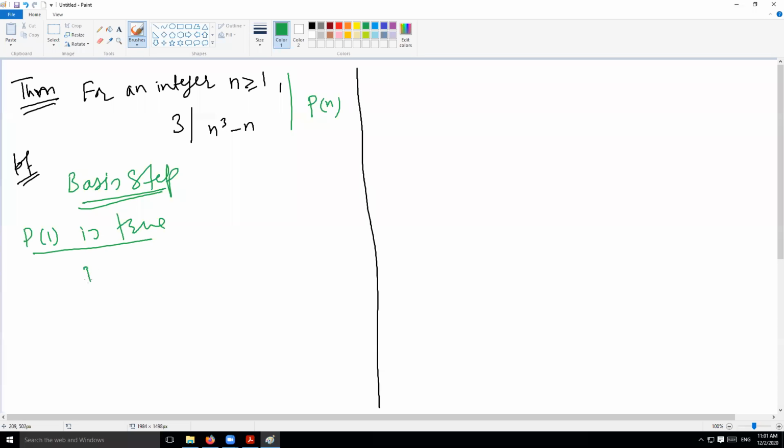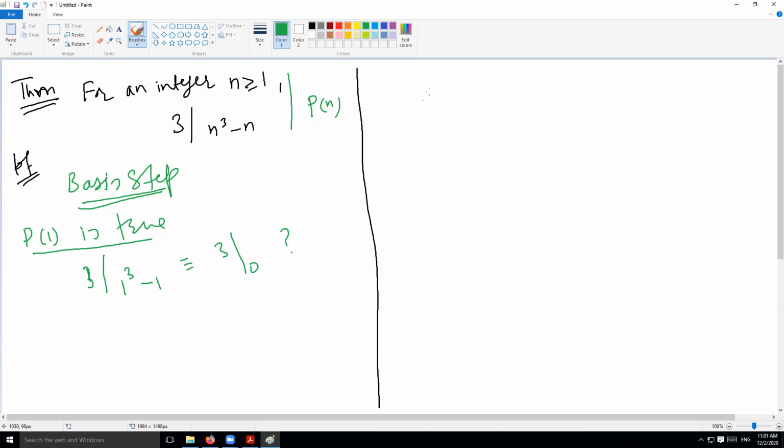So 3 divides 1 cube minus 1, which is 0. So is it true that 3 divides 0? It does.